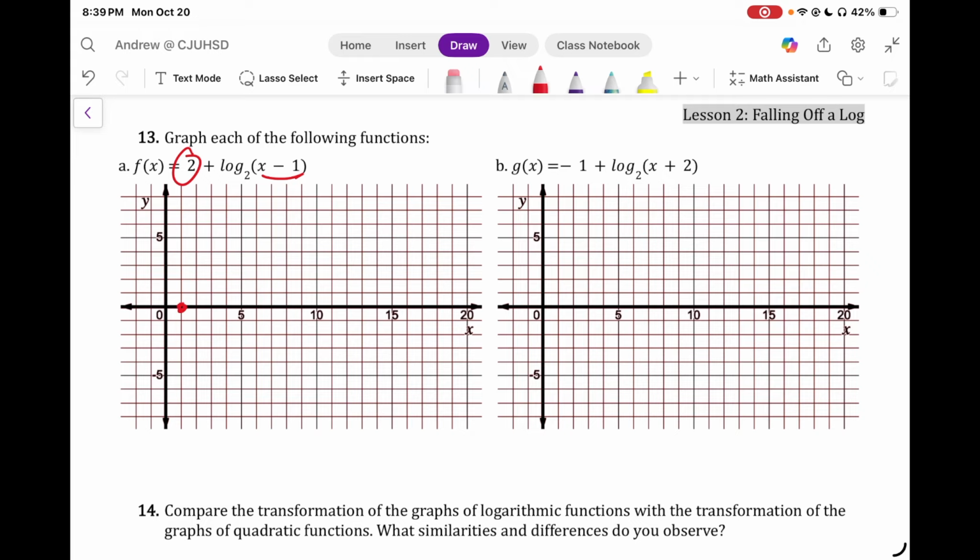So 1, 0 is now up 2 and right 1. The asymptote has changed to the right 1. This has gone down 1, left 2. So the asymptote is now over here. 1, 0 has therefore moved 2 spaces left, and 1 space down.